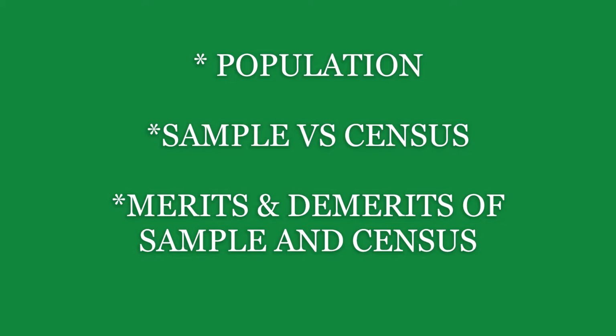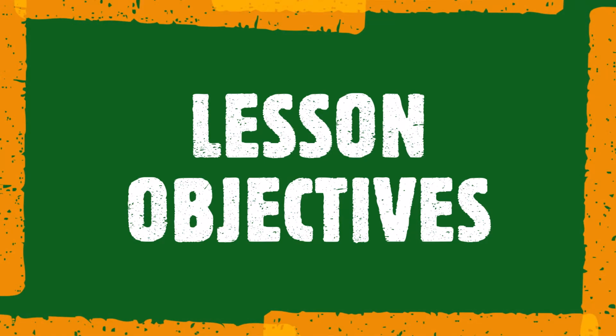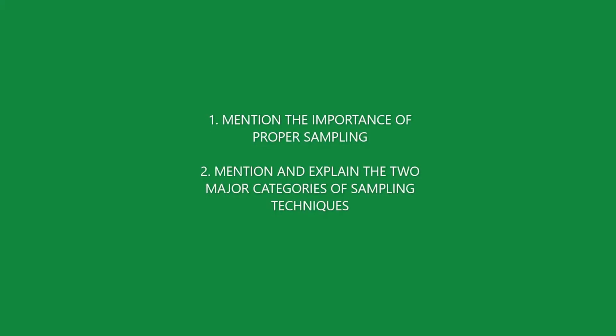To properly position us into getting the full understanding of this particular lecture titled Sampling Techniques, here are some of the lesson objectives we hope to achieve at the end of this lecture. By the time you have finished watching this video, you should be able to mention the importance of proper sampling.